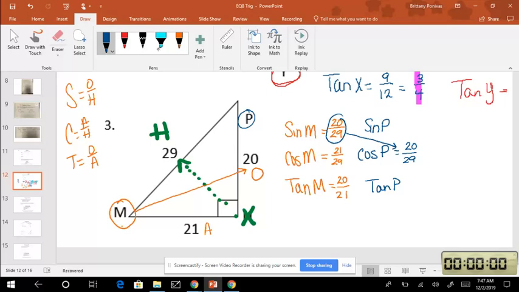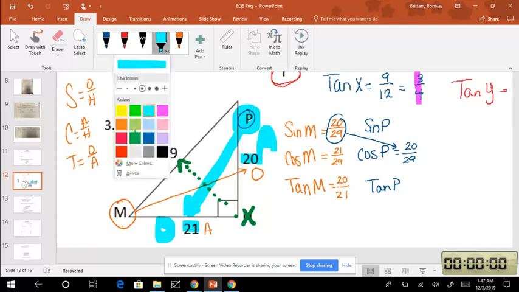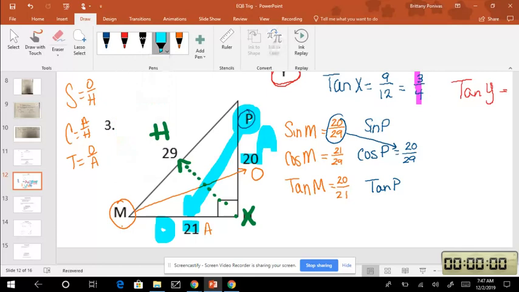And I'll show that to you here. Cosine P, the opposite side is now 21, and the adjacent side is 20. So for angle P, cosine is adjacent over hypotenuse. Adjacent is 20, hypotenuse is still 29.